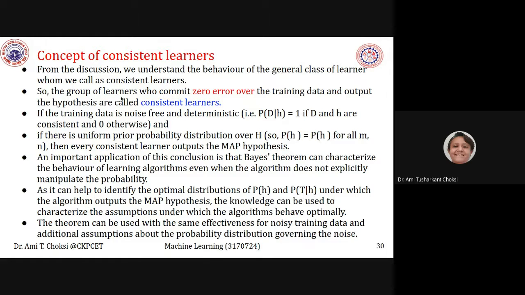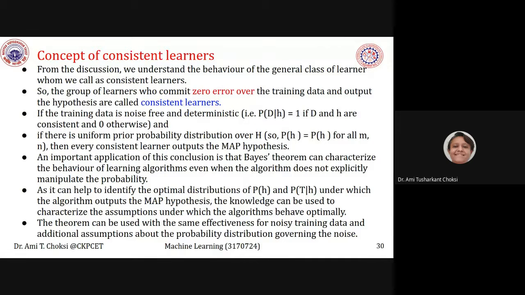The group of learners who commit zero error over the training data and output the hypothesis are called the consistent learners. Fine. If the training data is noise free and deterministic, what do we say?